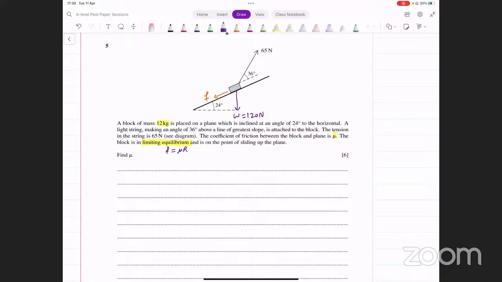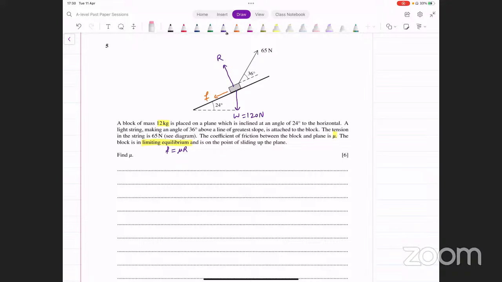We have the reaction force. Reaction surface के perpendicular लगता है, so it's going to be like this. ये एक और force है. Friction आपने already represent कर लिया. Tension यहाँ पे कोई है नहीं. In fact, tension already उसने बताई हुई है, 65 Newton जो है ये tension है. तो ये आपकी एक force है. These are all the forces that are acting on this object.